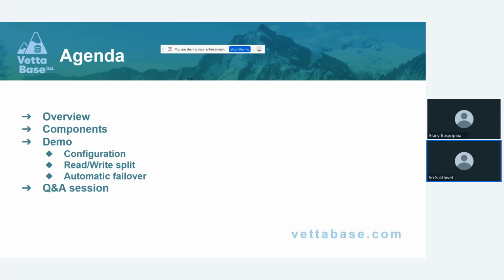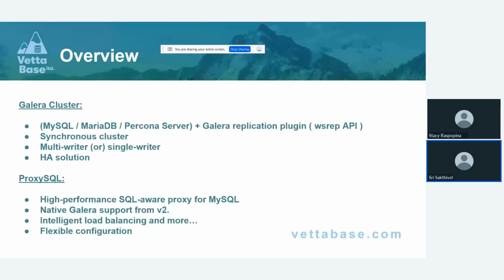Let's start from the basics. First, what is a Galera cluster? We have the Galera replication plugin. When we integrate that with MySQL, MariaDB or Percona Server, we can call it a Galera cluster. This provides the WSREP API. The Galera cluster is a synchronous cluster that works based on certification, and you can use it as multi-node, multi-writer.